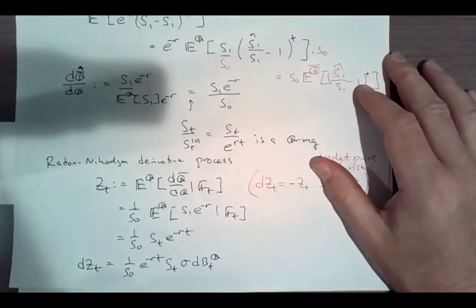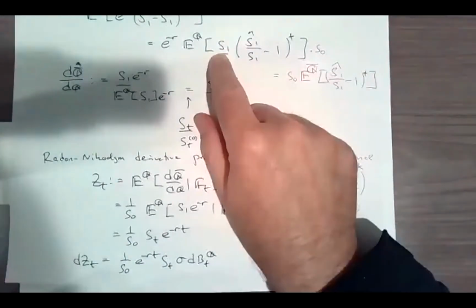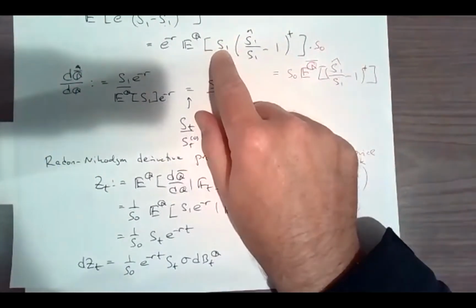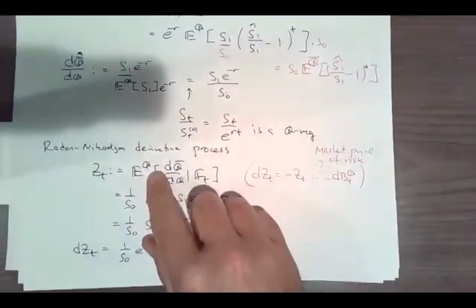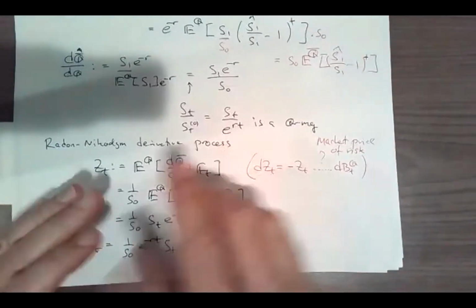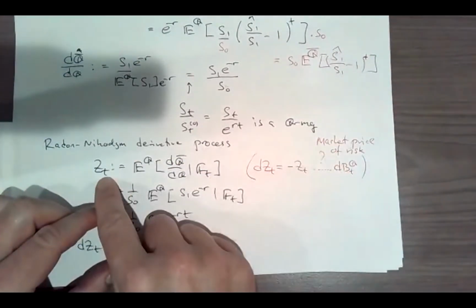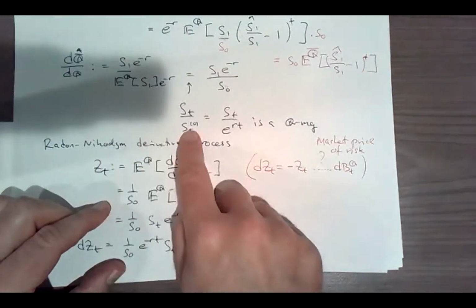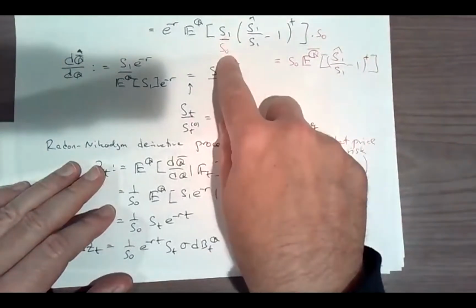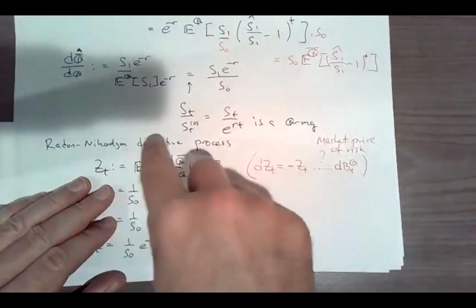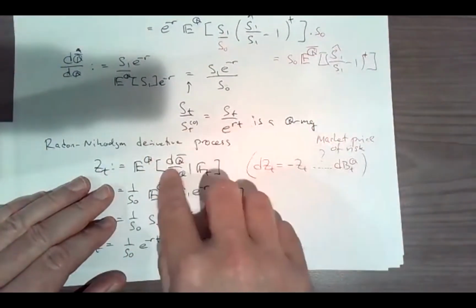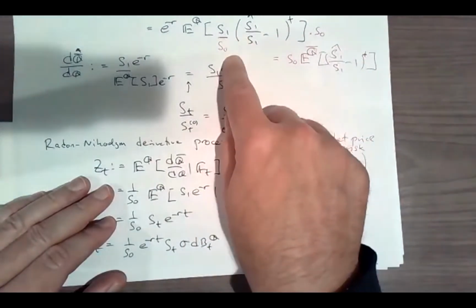But we have a process now. S1 is one random variable. So the Radon-Nikodym derivative process now becomes a stochastic process, indexed by t. The Radon-Nikodym derivative is S1 over S0, and the Radon-Nikodym derivative process is the conditional expectation of S1 over S0.